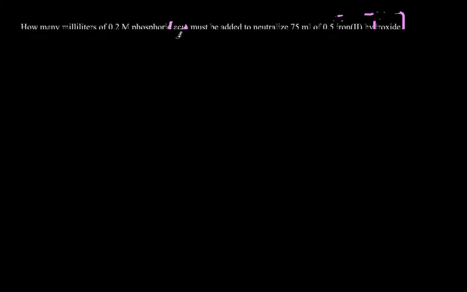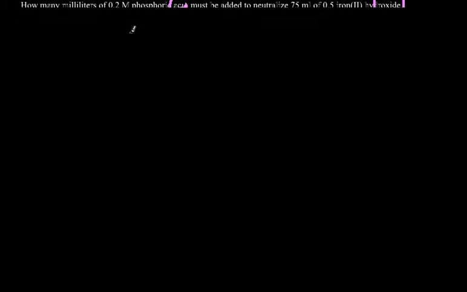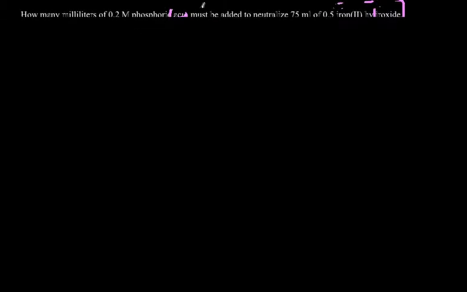Now, how many milliliters of 0.2 M phosphoric acid must be added to neutralize 75 mL of 0.5 M iron(II) hydroxide? So the first step is, you guessed it, write your balanced equation. Phosphoric acid, H3PO4. PO4, a polyatomic ion, has a -3 charge, so there are 3 H's.